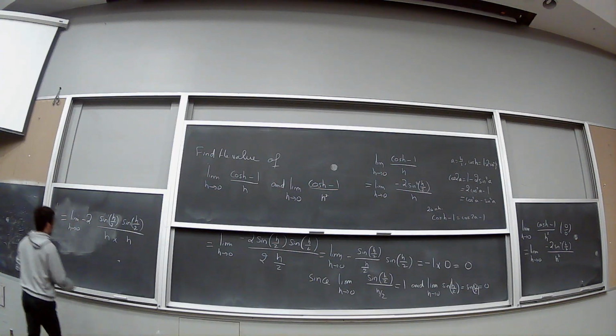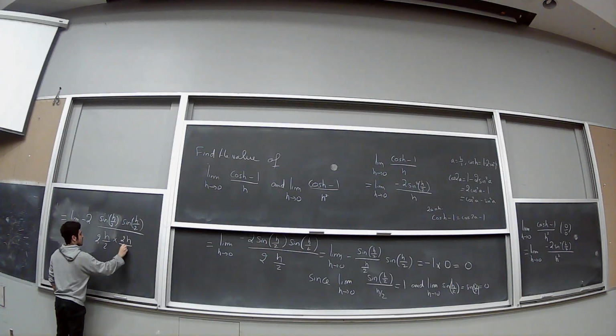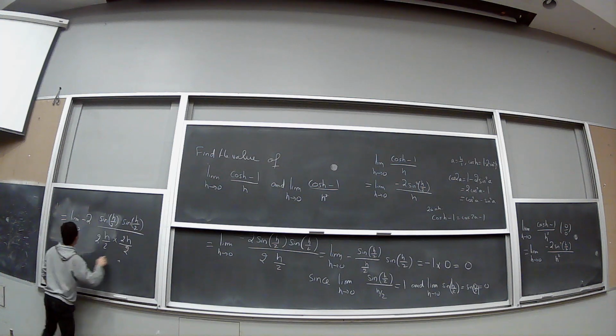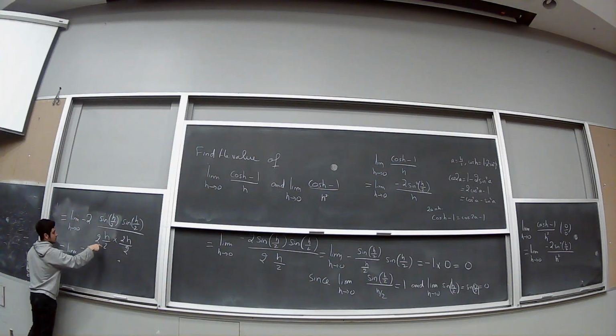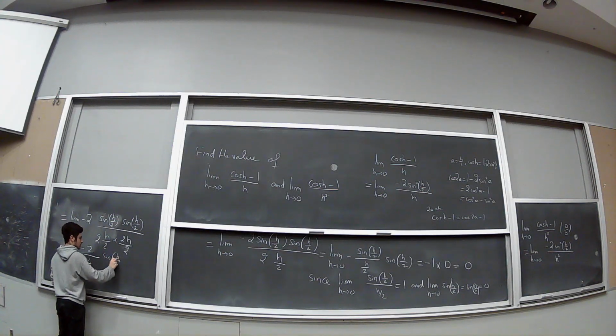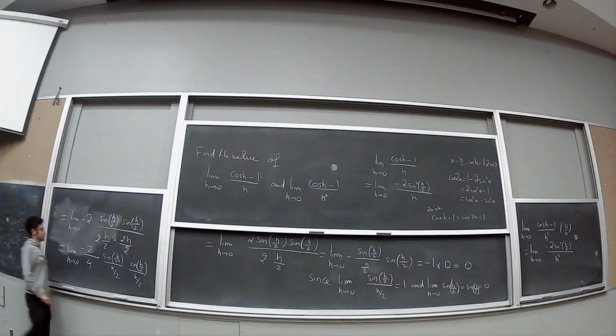Exactly. Thank you very much. So I divide this h by 2, and I multiply by 2. And I divide this h by 2, and I multiply by 2. So what do I get? It's minus 2 times 2, what is that? This is 4, right? And then I get sine h over 2 over h over 2, and sine h over 2 over h over 2.